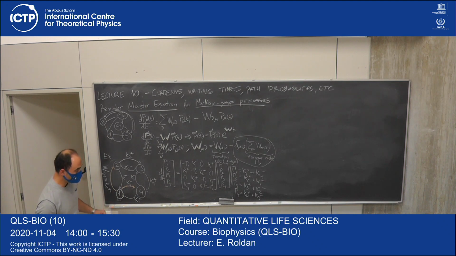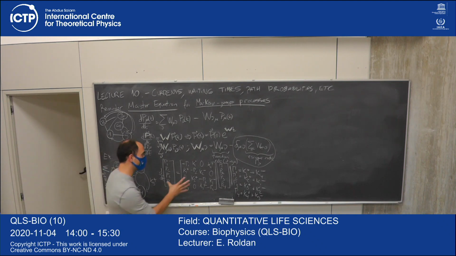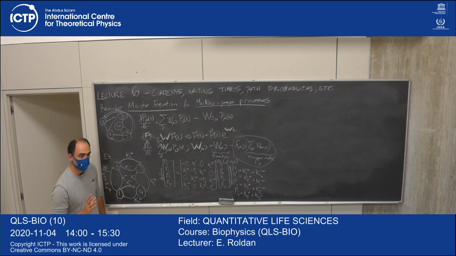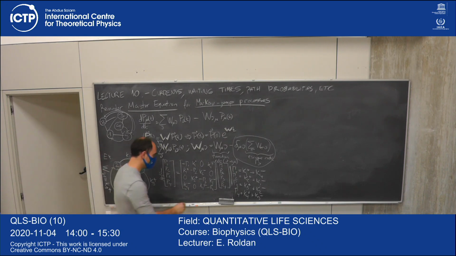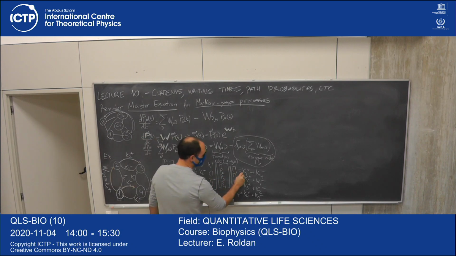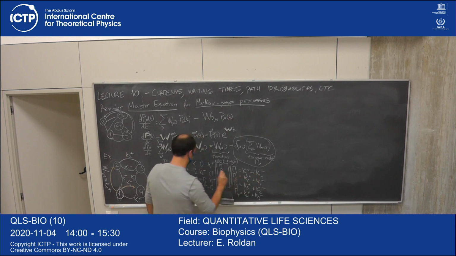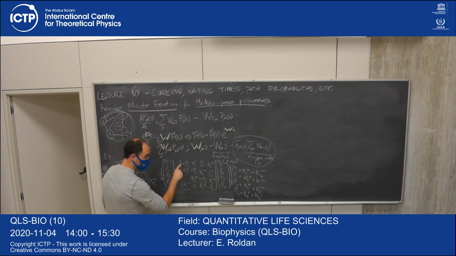Right? So now, an important thing is that this is a stochastic matrix, and I told you for Markov chains stochastic matrices have columns that sum to 1. But here the columns do not sum to 1, they sum to 0. You sum minus gamma 1 plus K1 plus K4 minus. Gamma 1 is K1 plus K4 minus. With a minus, and you sum these two, this sums to 0.